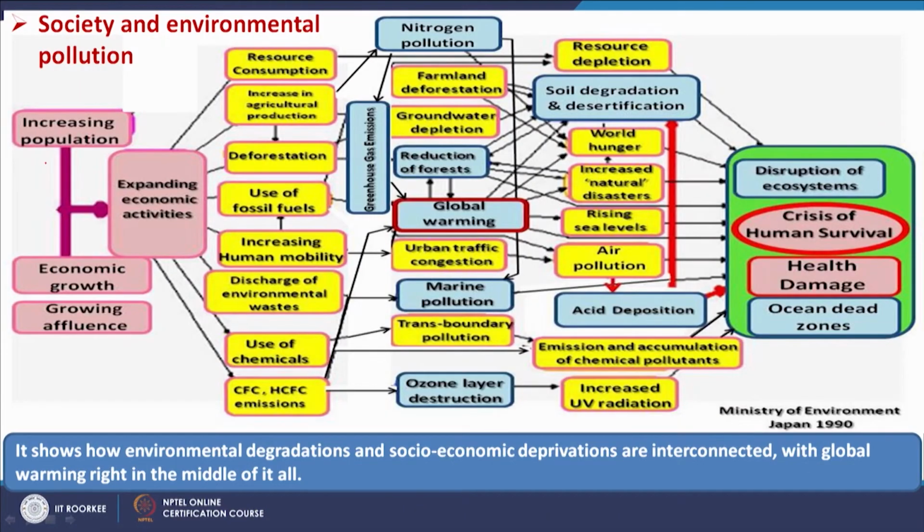But what is happening? Due to excessive population growth, many activities are taken up which are affecting the natural cycle processes of the environment. This slide gives us some idea about it. When population is increasing, so are economic growth and growing affluence, that means the prosperity of human society.